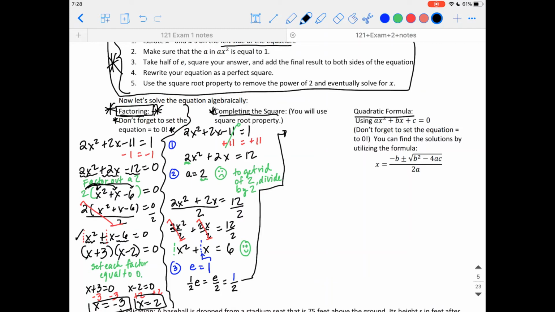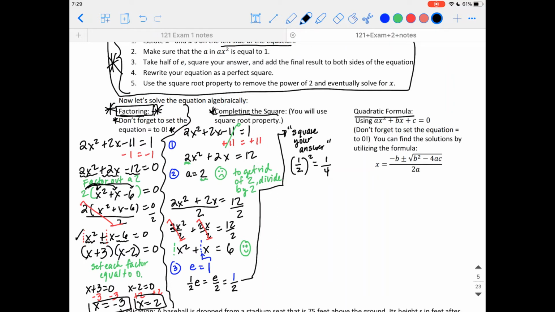Okay, so take half of e, and then I'm going to square my answer. Square your answer means 1/2, and I'm going to square it, which a half times a half is technically a 4th. Or you can say 1 squared is 1 divided by 2 squared is 4. So I squared my answer, and then I'm going to add the final result to both sides of the equation.